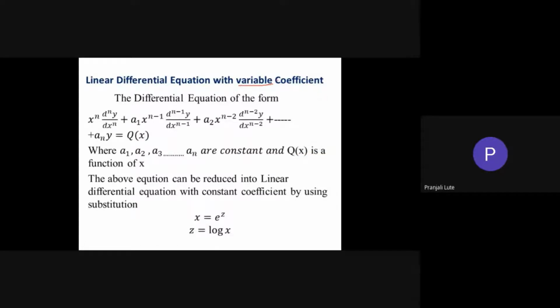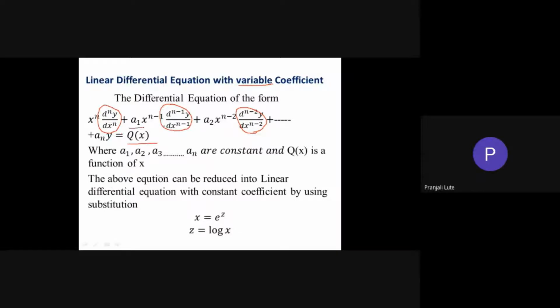What is meant by the variable coefficient? See, the general form of that differential equation is d to the power n y upon dx to the power n, plus a1 x raised to power n minus 1 d to the power n minus 1 y upon dx to the power n minus 1, plus a2 x raised to power n minus 2 d to the power n minus 2 y upon dx to the power n minus 2, and so on, and this equals Q of x.